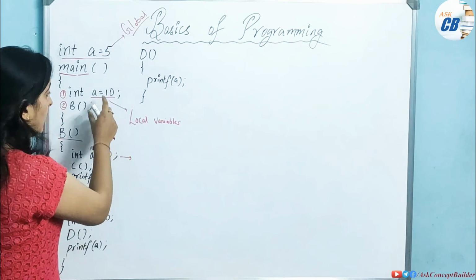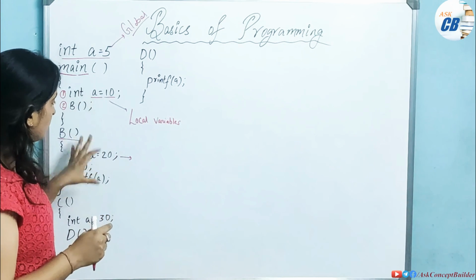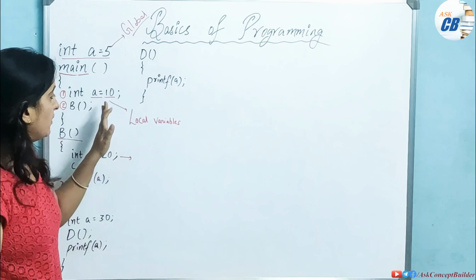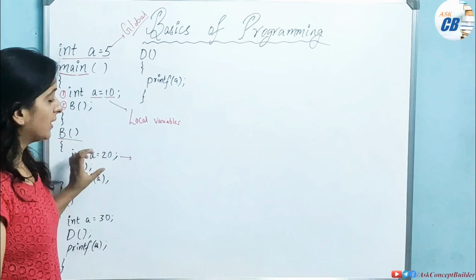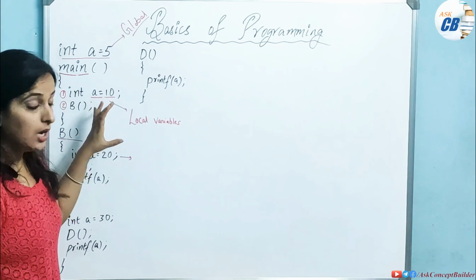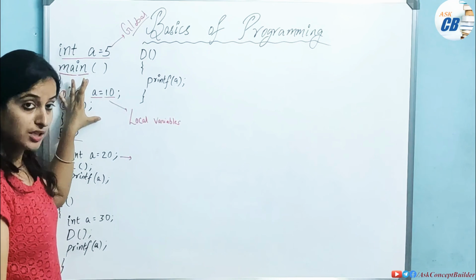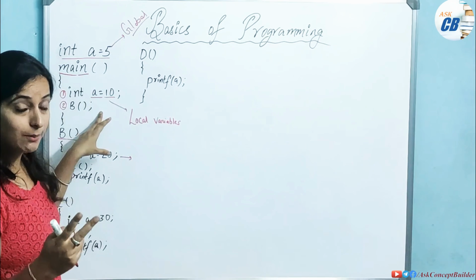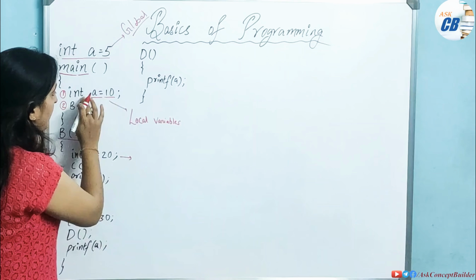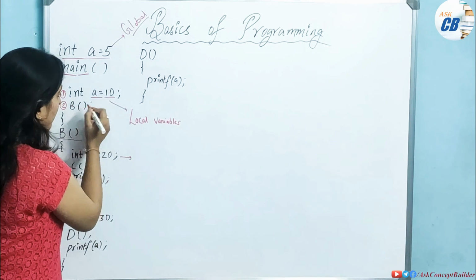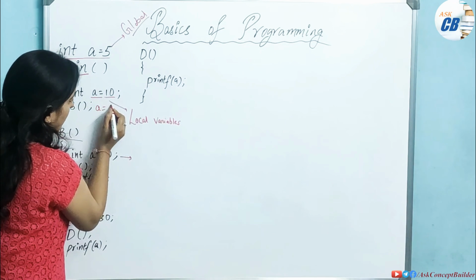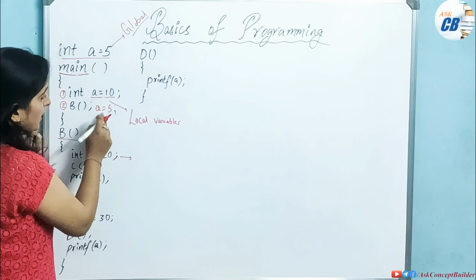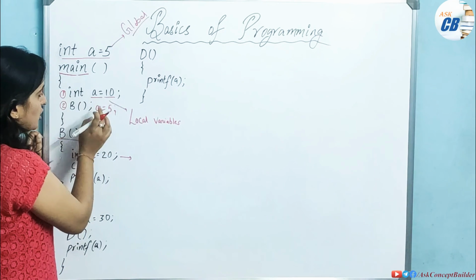Okay, like here we have two or three variables with the same name, but these are inside different functions, and within the same function we cannot have two variables with the same name. Like I cannot have here int a equals 10, and again int a equals 5 in this function only.